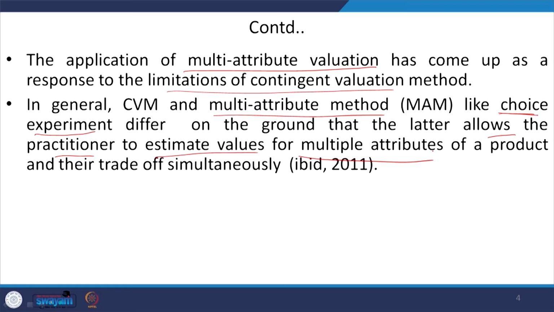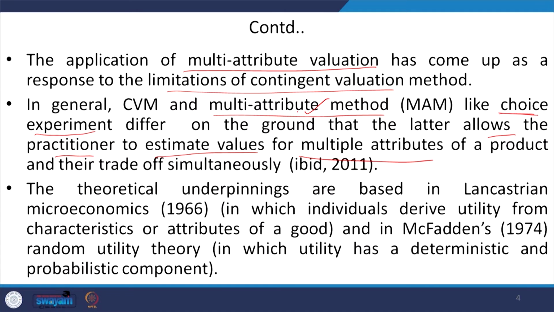In that way we are saying this multiple attribute method is better than the contingent valuation method, because the contingent valuation method is not capable of estimating the multiple attributes of a particular good or product or service in discussion, and that is why we will be choosing this multiple attribute method in comparison to the contingent valuation method.